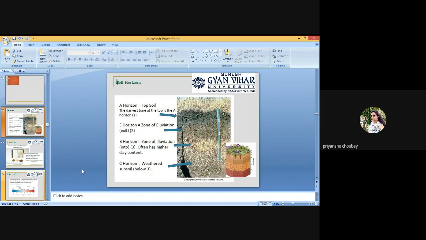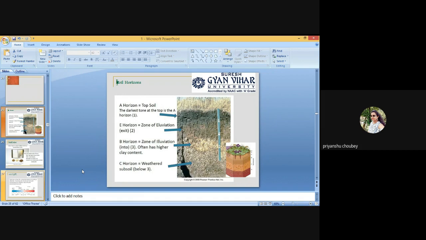The E horizon was not in the older version of the textbook of soils. The Soil Survey Staff USA introduced it to denote a soil layer which is depleted in terms of clay, iron, and aluminum oxide.